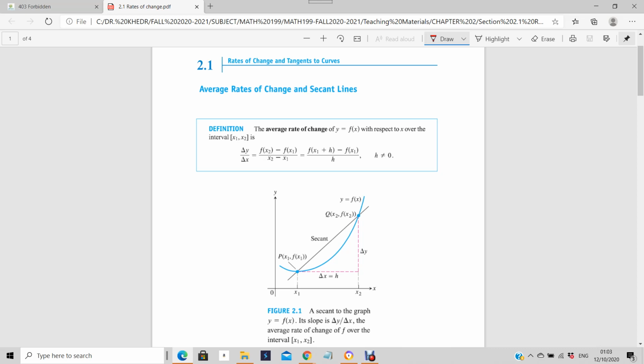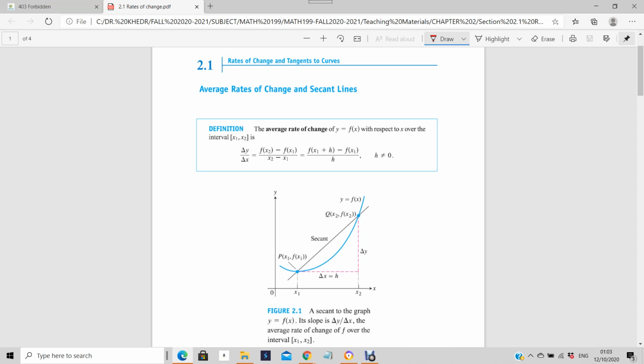Now, if we select 2 points on the graph, the first point is P with the coordinates of x1 and f of x1, because the value of y at this x1 can be found by replacing x1 in the function, which is f of x1. And the second point Q at x equals x2, the value of the function will be f of x2. So these are the coordinates of the second point.